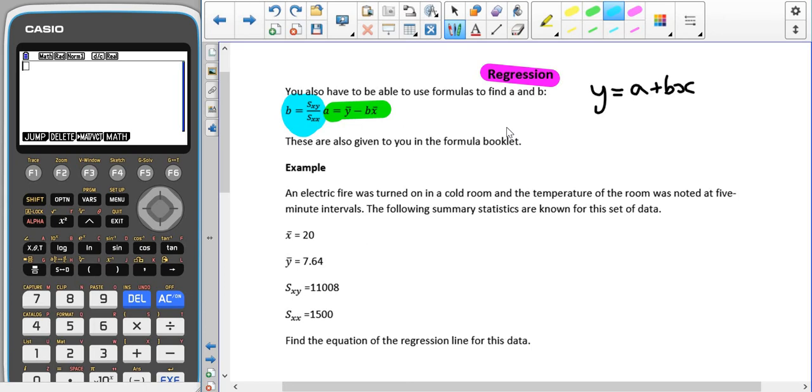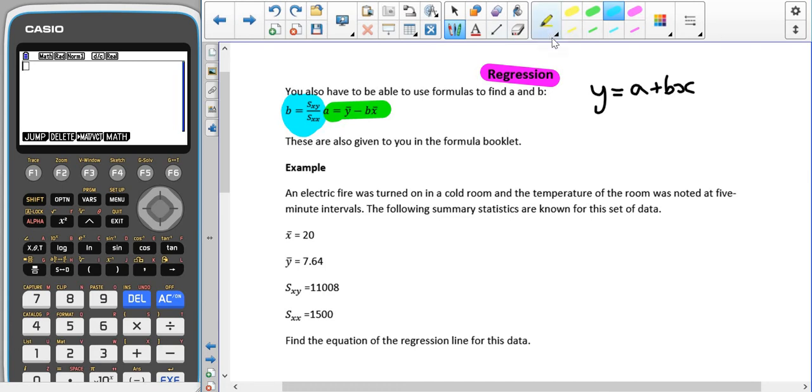So, example. An electric fire was turned on in a cold room and the temperature of the room was noted at 5 minute intervals. The following summary statistics are known for the set of data. So we know that the mean of x is 20, the mean of y is 7.64, sxy is 11,008 and sxx is 1,500.